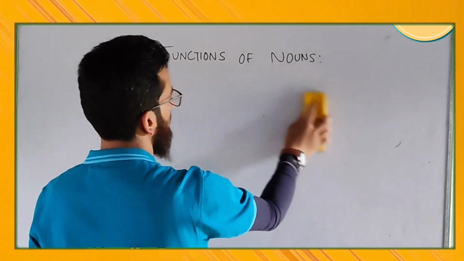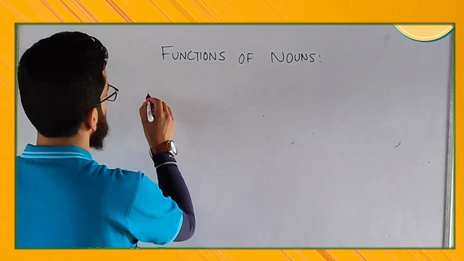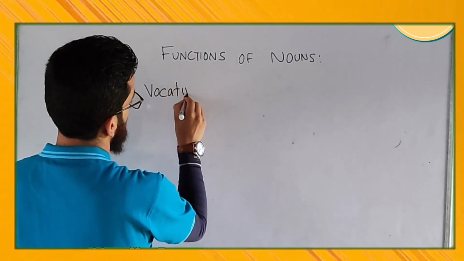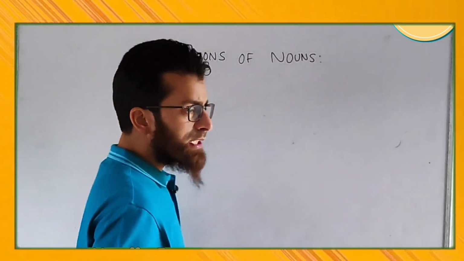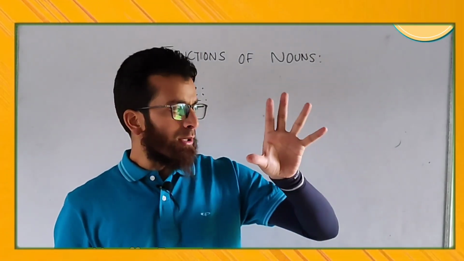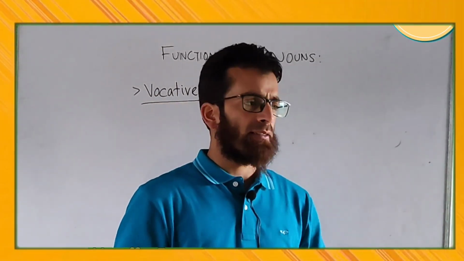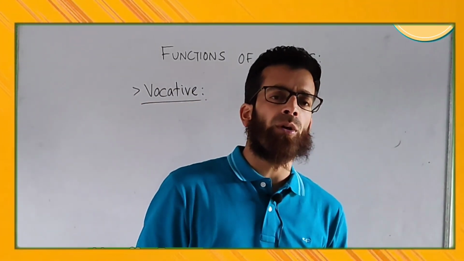Okay, another function of noun is vocative. So what is vocative? When you directly call somebody, or when you directly order or request, in imperative mood, you call somebody, you can call that vocative.